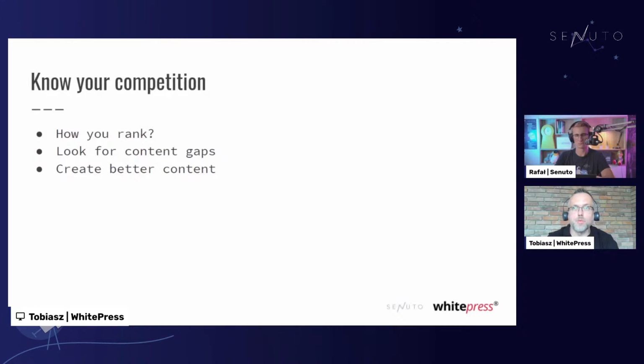Sometimes we rank with some page for a query. Let's say you have e-commerce selling bikes. You expect to be high in rankings for the query mountain bikes, but you are not sure which particular page should rank in Google.